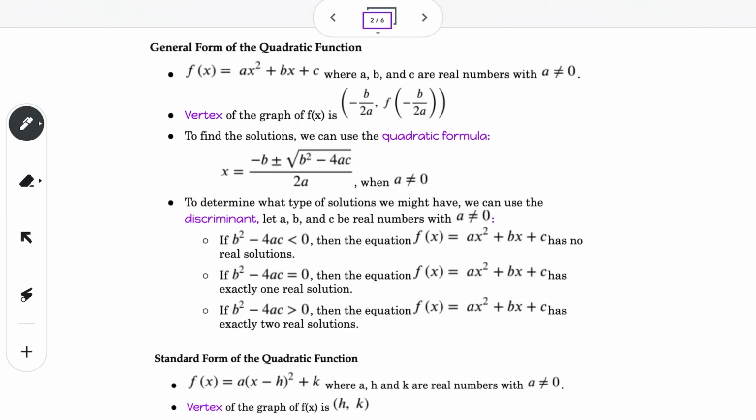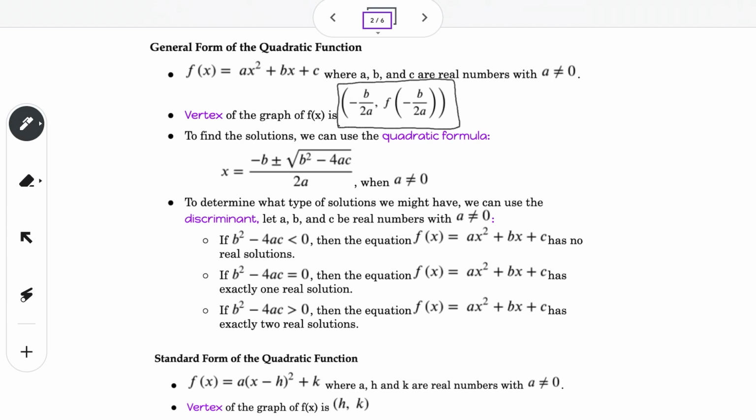We are in the general form of the quadratic function where I have ax squared plus bx plus c. There's a few pieces of information that I can pull from here. We have the vertex that we can obtain, the formula, -b/2a. And then if I evaluate f of -b/2a, I can find the y value. I also can find all of my solutions using the quadratic formula.